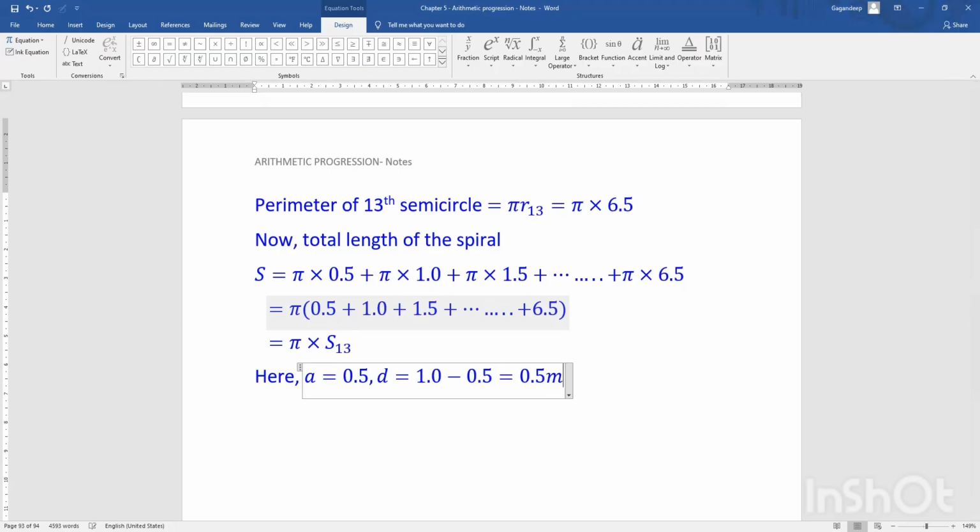Then the number of terms is 13, that is n equals 13. And then the last term A13 is nothing but 6.5.